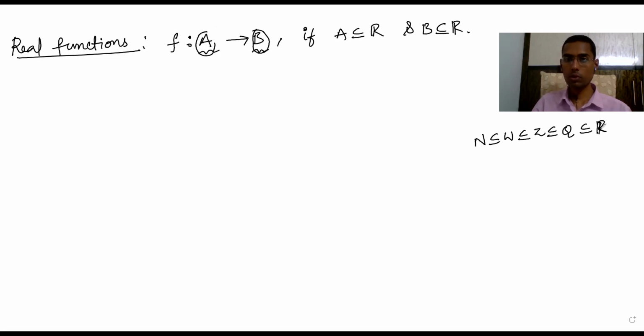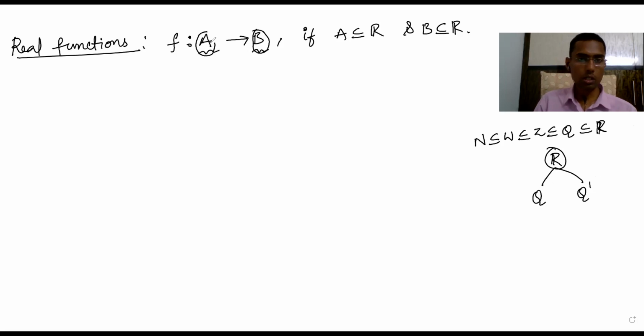But we don't need complex numbers in real functions. Here, the set of real numbers means both rational and irrational together. Whatever set we take is a subset of real numbers only, except complex numbers.